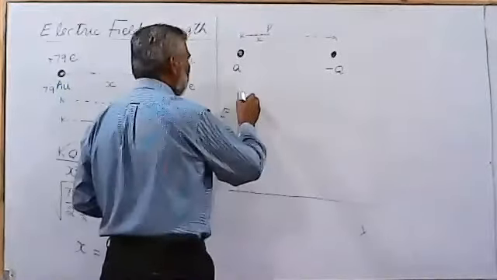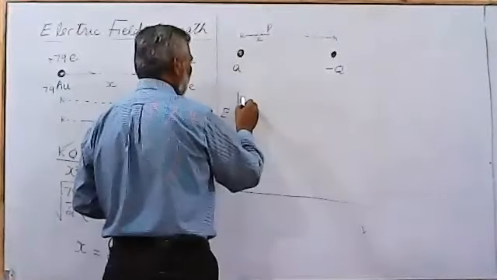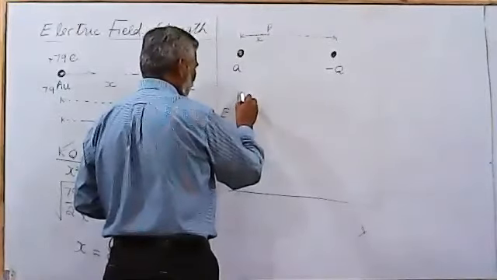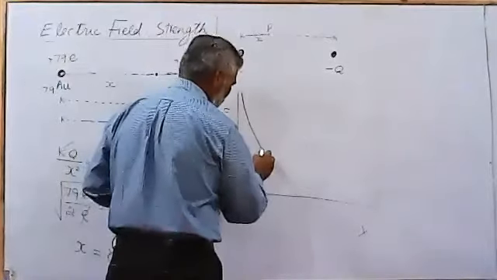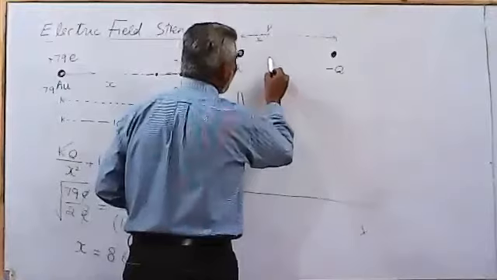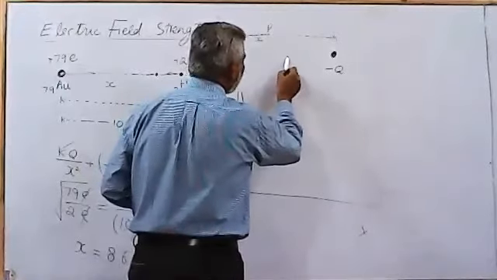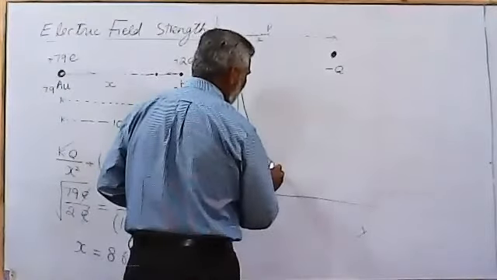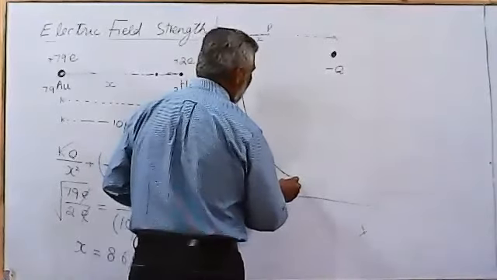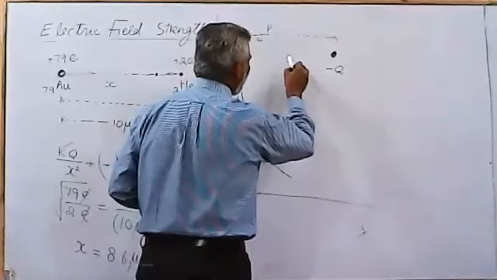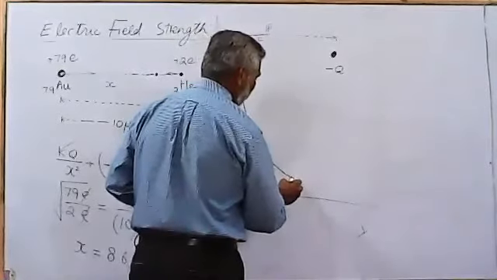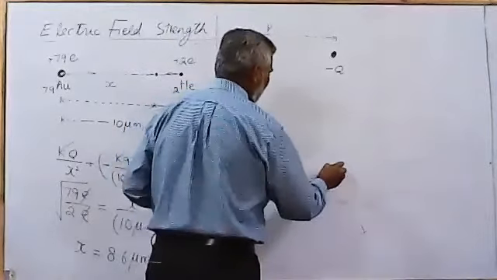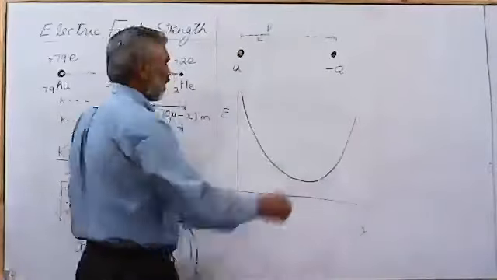This time, if we start here, the electric field strength is very large as always. It drops to a very small value as we go to a point here, but it does not go to zero. And as we move further away from it and close to this, the electric field starts increasing again, and it's a shape like this.